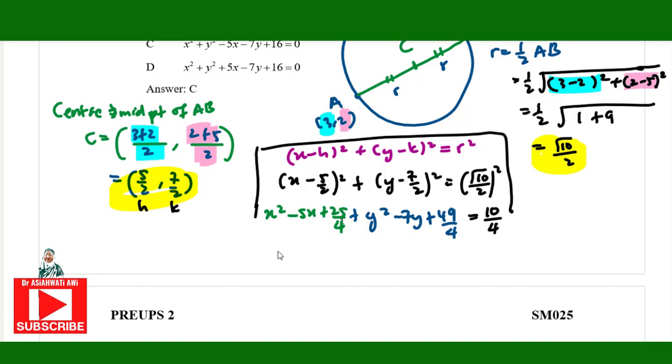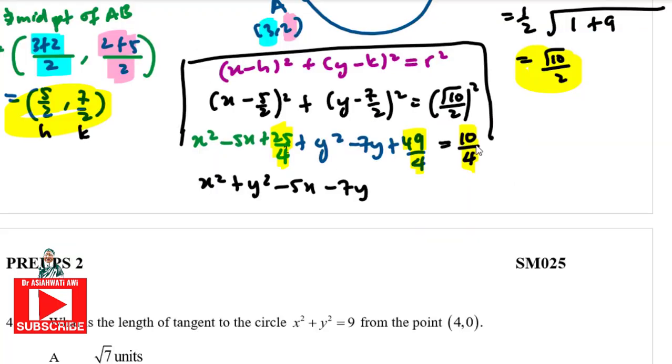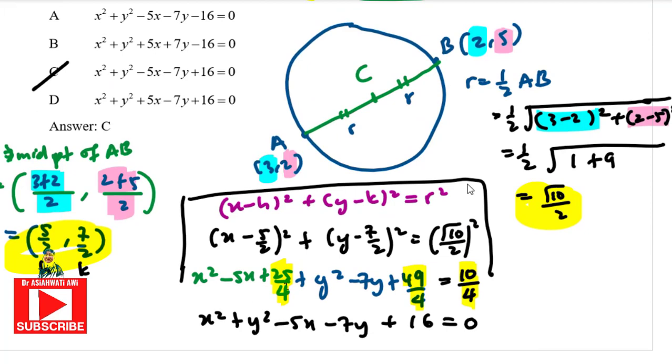Okay, simplify. x squared plus y squared minus 5x minus 7y. Okay, bring 10 over 4 to the left. So 25 plus 49, 74, minus 10, 64. 64 over 4 is equal to... The answer is C. Okay.